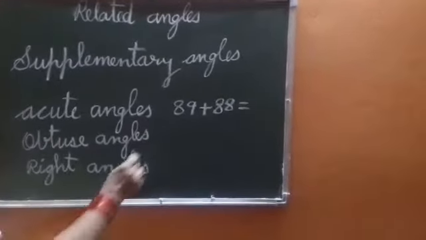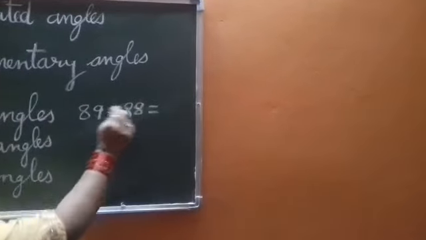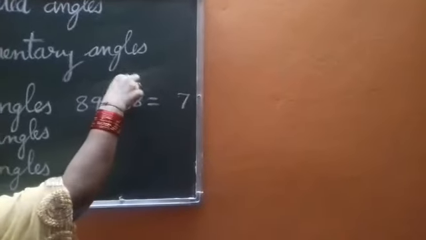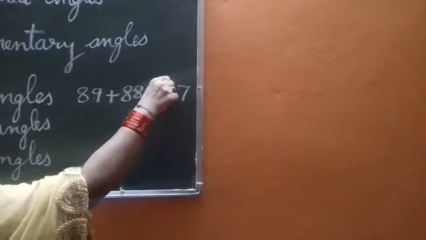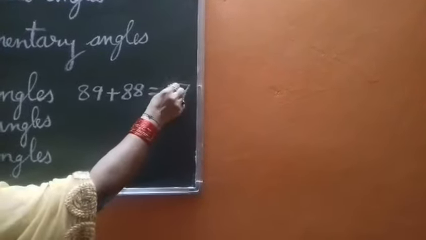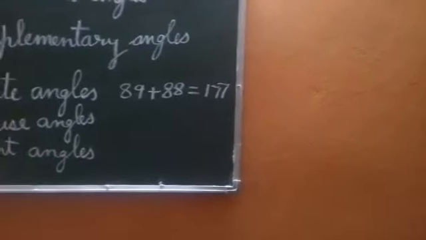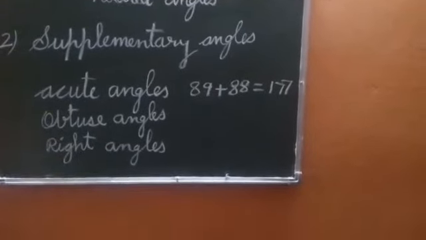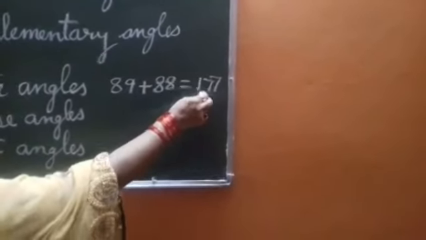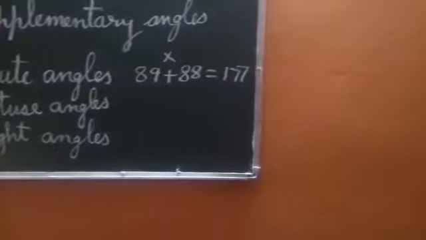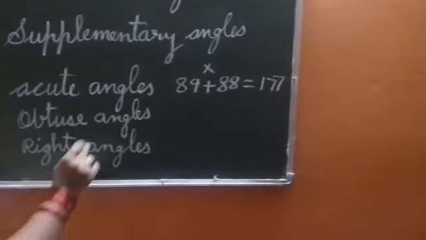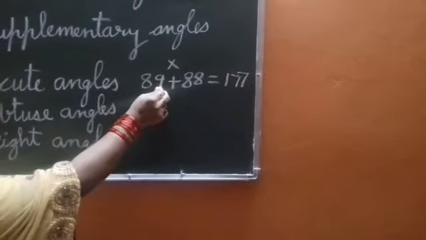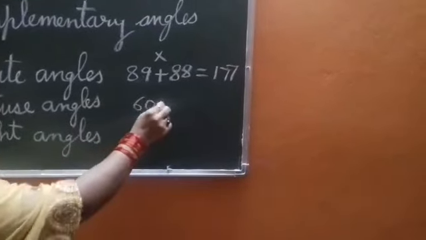So what will be the sum of these two angles, children? It is not equal to 180 degrees. So these two angles cannot be supplementary. I have taken the biggest possible acute angles that I can. I may take 30 and 60 also.